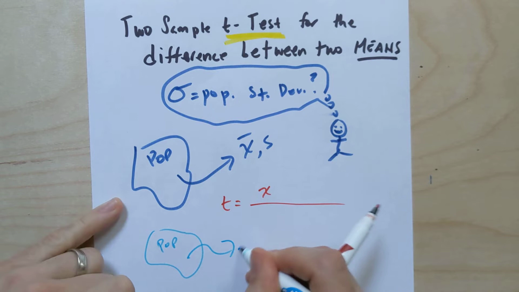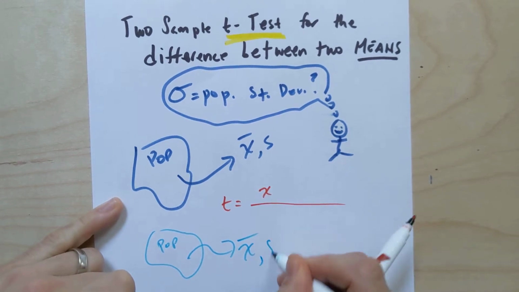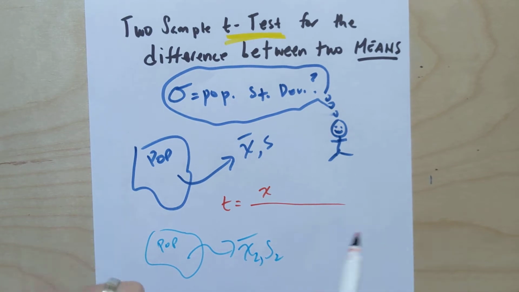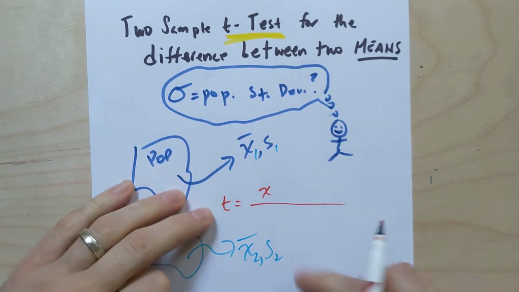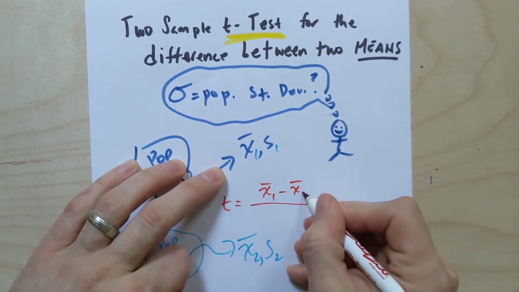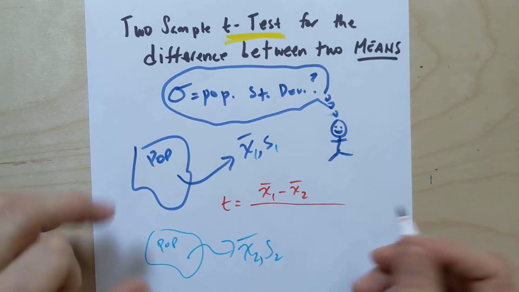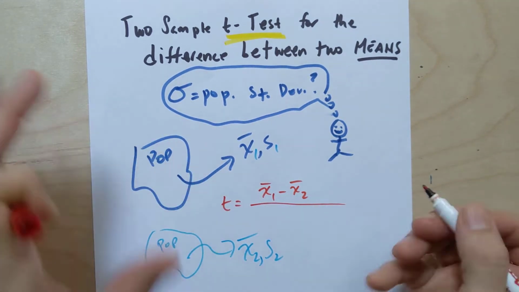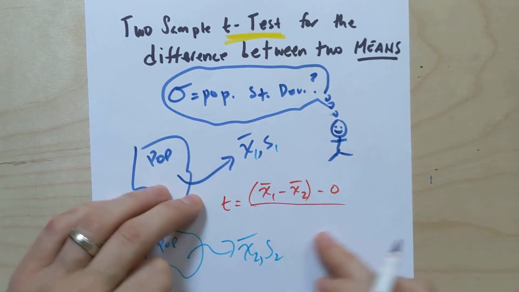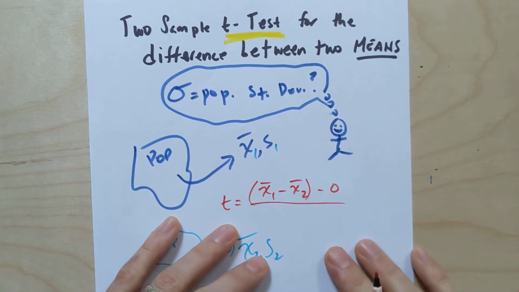And from this other population, we'll take another sample mean and another sample standard deviation. We could call this 2, and then we could call this guy 1, right? And so for our test statistic, we're going to take the difference between our two sample means, and we expect that difference to be negligible. You'll see, we'll expect that difference to be 0, right? And so that will be the numerator, and then the denominator will be the standard error formula in this case.